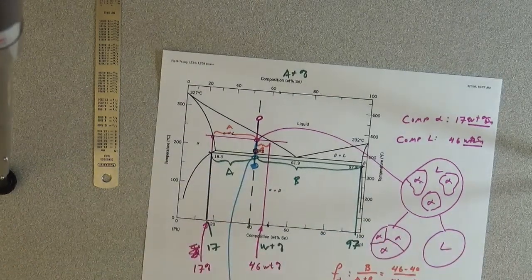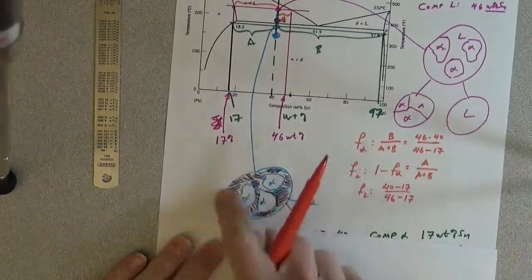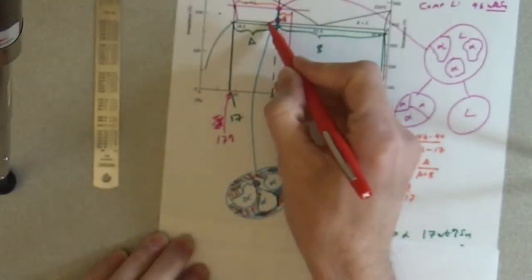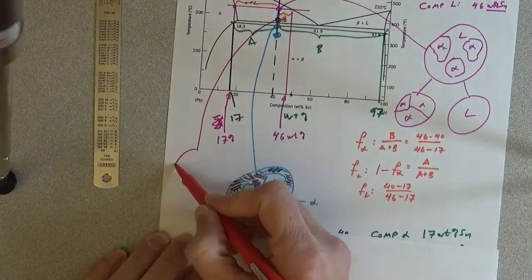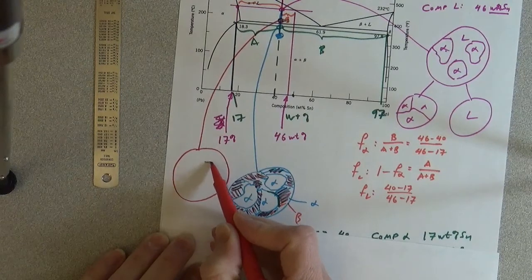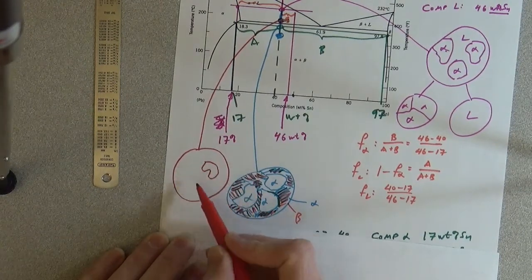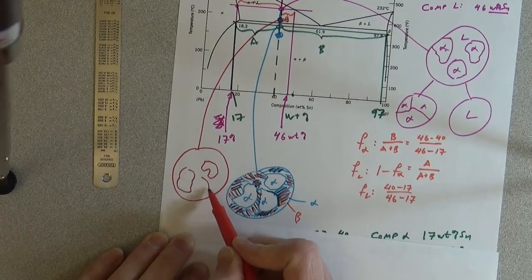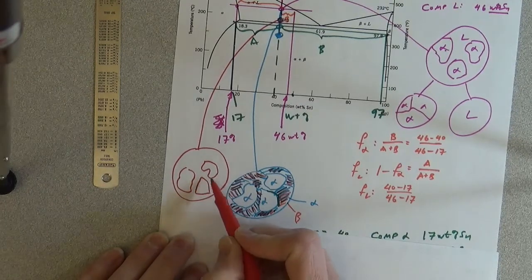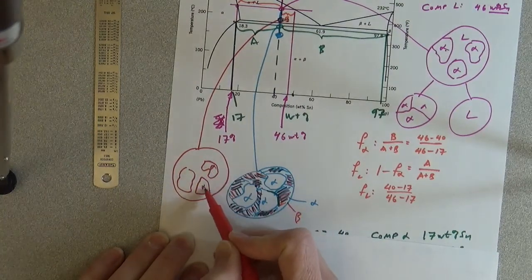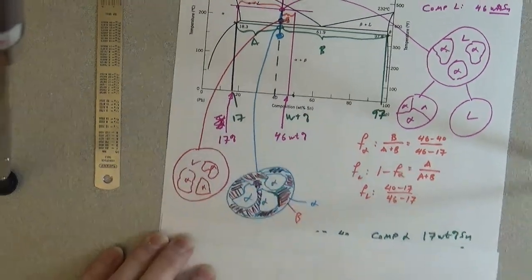So this microstructure, originally just above that, looks like this. I'll try to draw it the same shape. Okay, well, I've done better drawing in my life than that, but alpha, alpha, alpha, liquid.